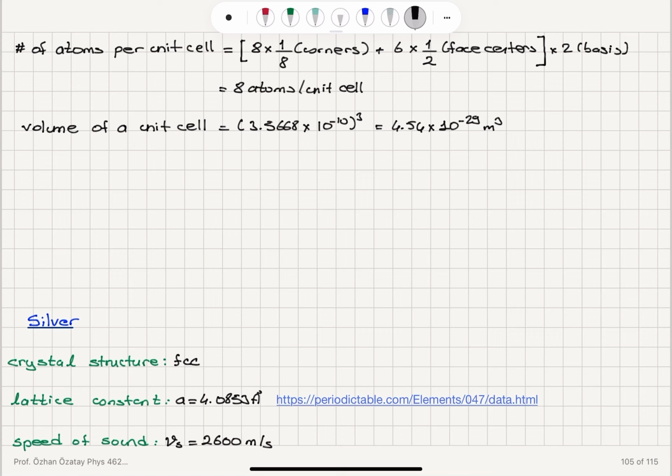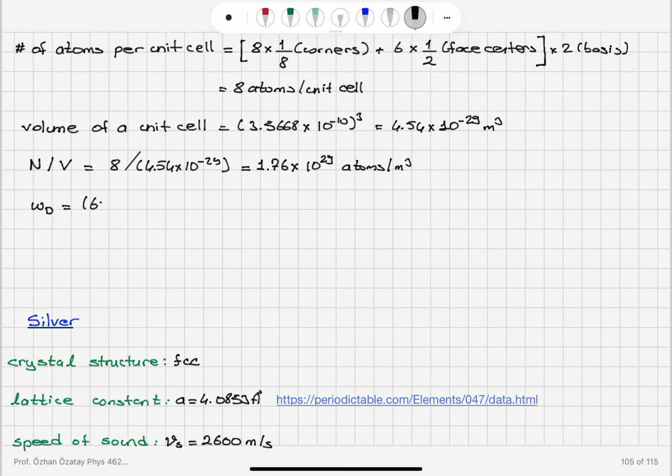Now we can calculate the number density, the number of atoms per volume, N divided by V. This will be equal to 8 divided by the volume of the unit cell, 4.54 times 10 to the minus 29 meter cubed. So we find the atomic number density 1.76 times 10 to the 29 atoms per meter cubed.